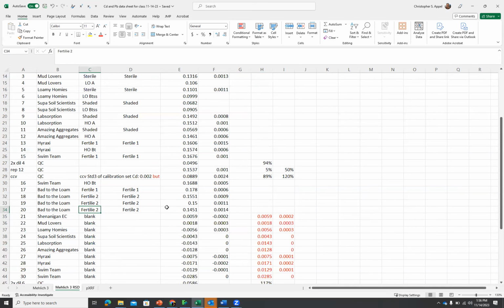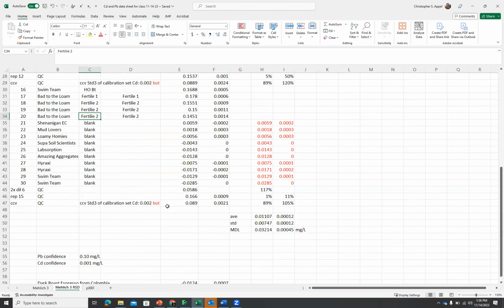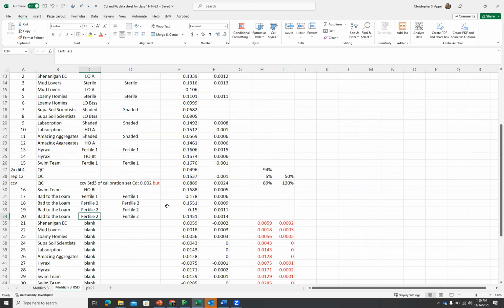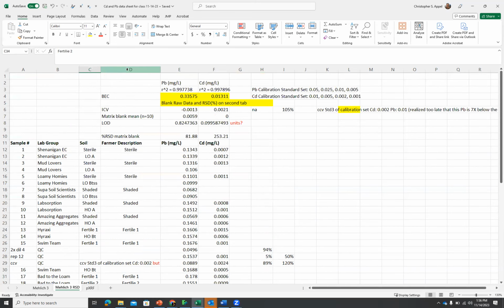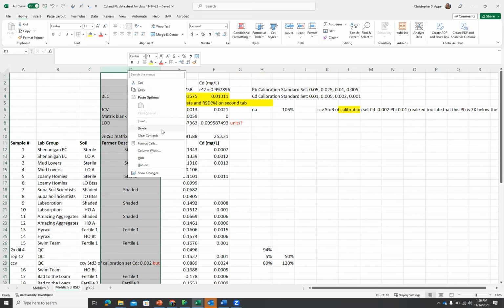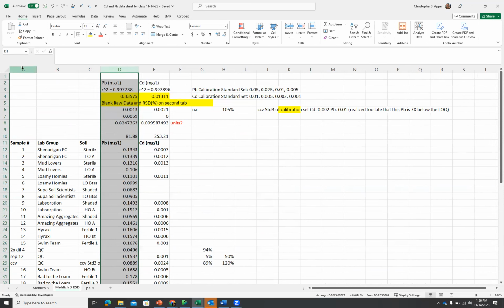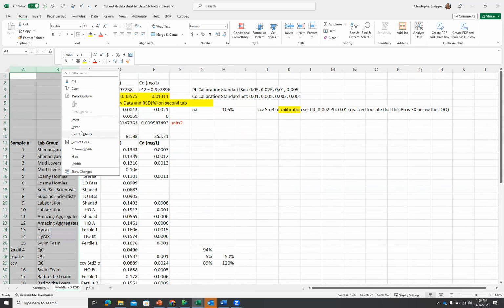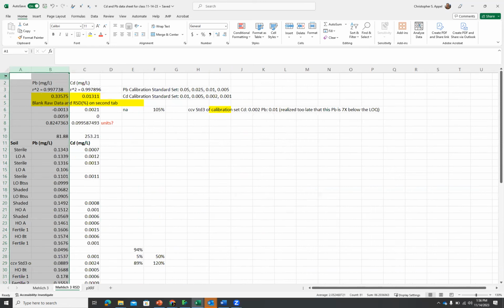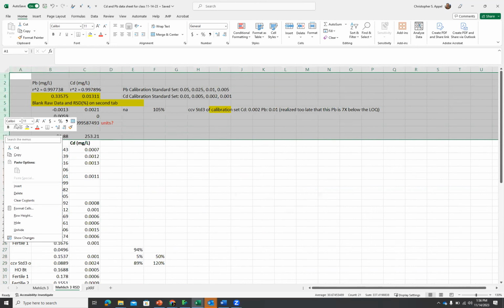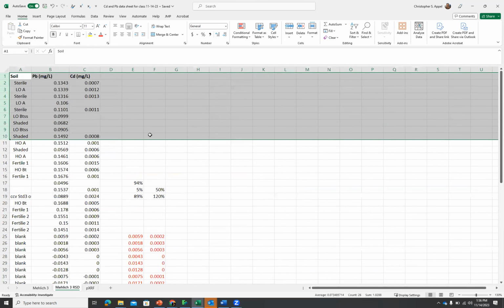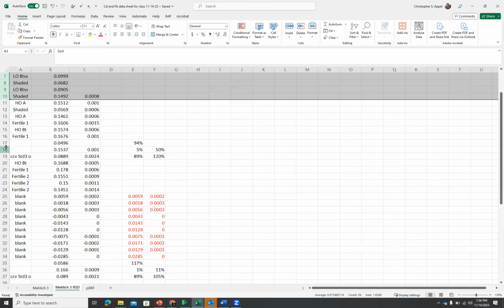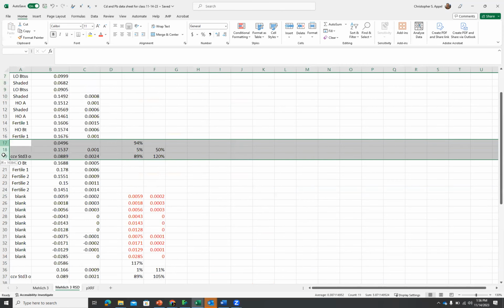Okay. Then what I'm going to do is get rid of all the stuff that I don't need. I don't need this QC stuff that we did before, so I'm just going to get rid of that.